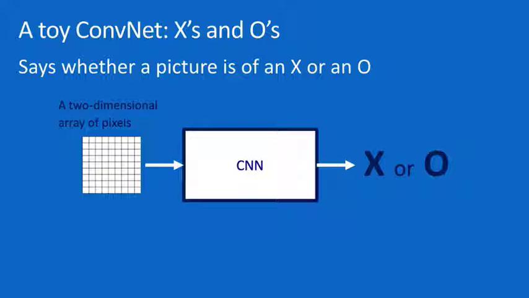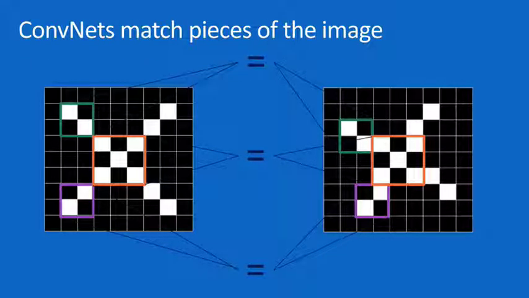The problem is that not all crosses look similar. On the left-hand side is the ideal cross pattern that you can expect in this image. But the image on the right-hand side, a human would also classify that as a cross, whereas it's not as similar or as straightforward a cross as one would expect.